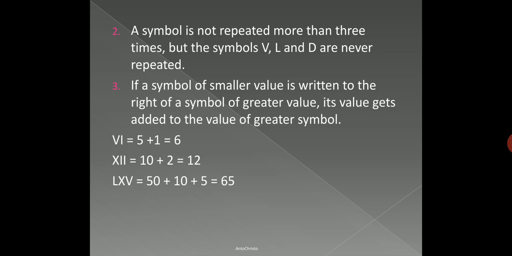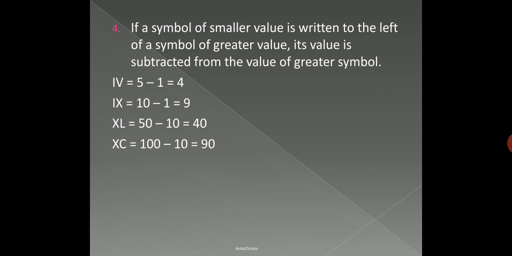Then you have the symbol of 10 followed by the symbol of 2. So 10 plus 2 is 12. Third one, you have LXV. Here L represents 50, then X represents 10, V represents 5. When you add them, you get 65. So LXV is the Roman numeral of the number 65.